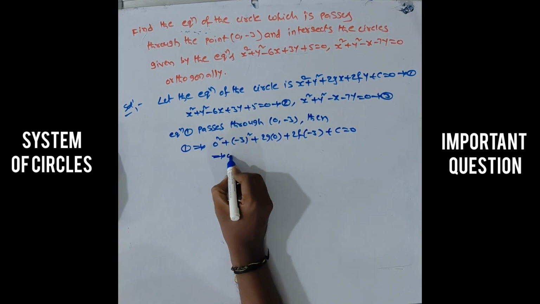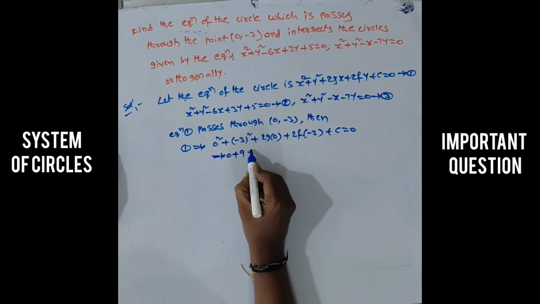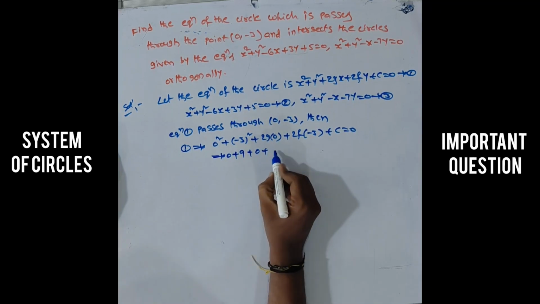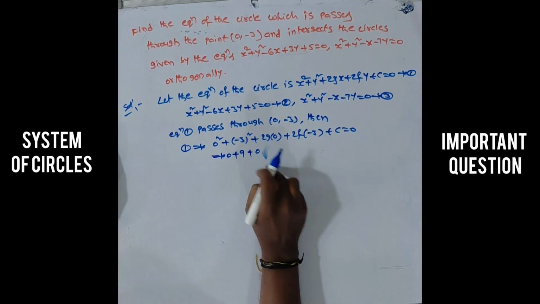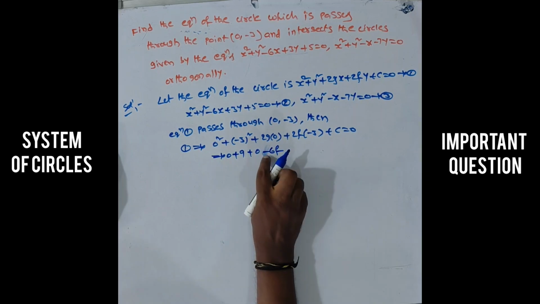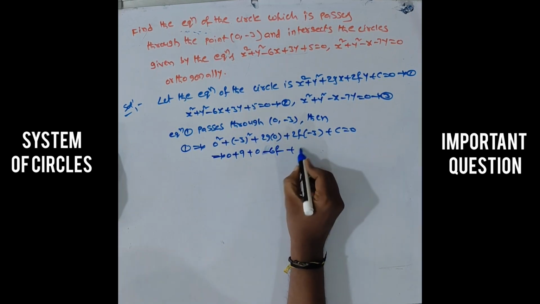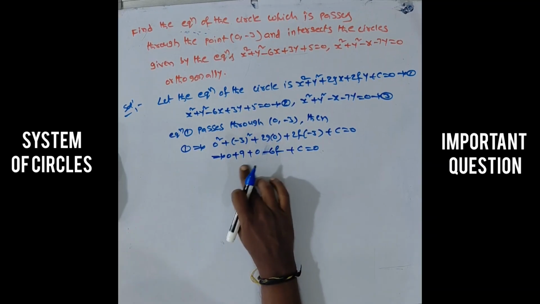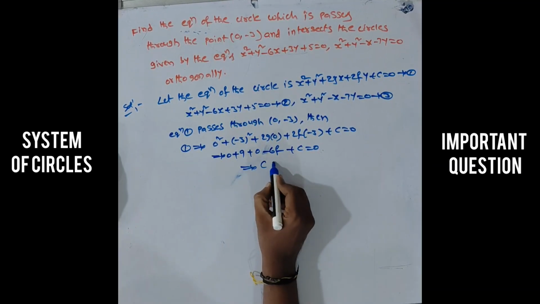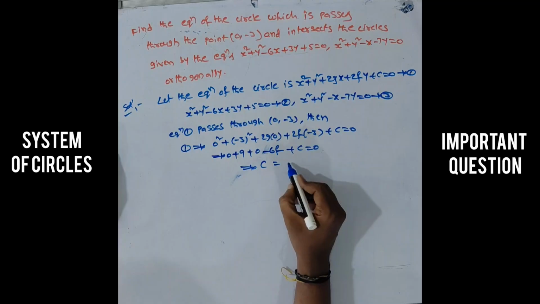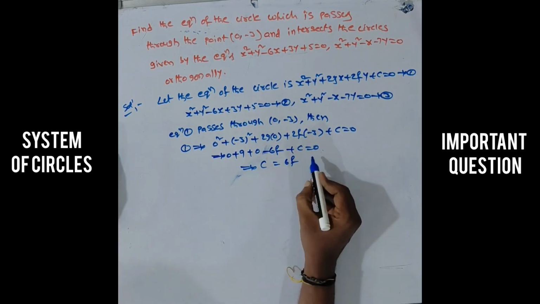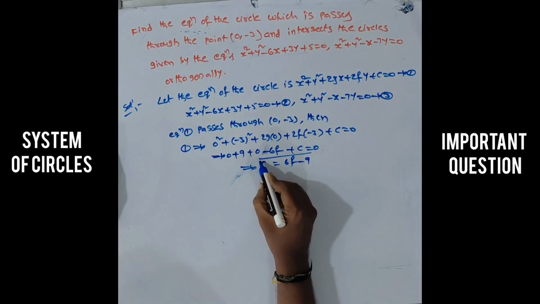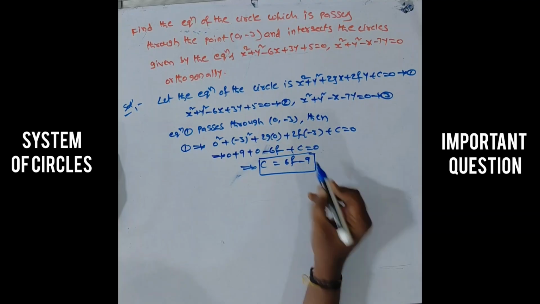That implies 0 + 9 + 0 - 6f + c = 0. This implies c = 6f - 9.